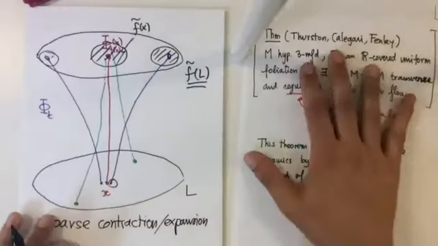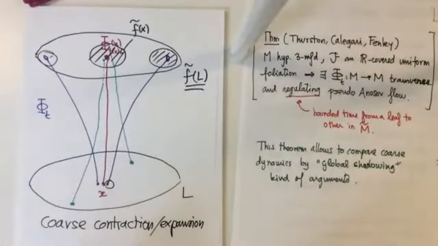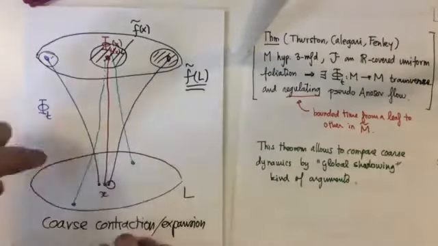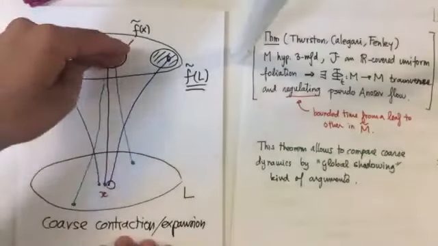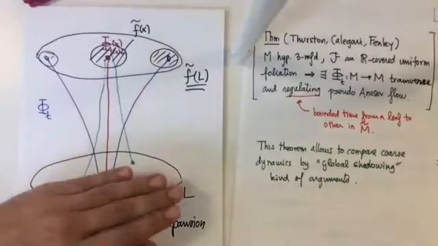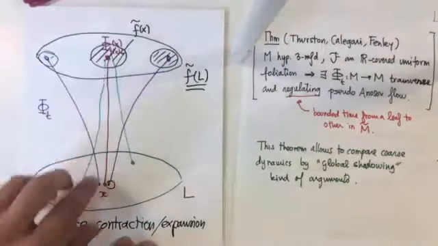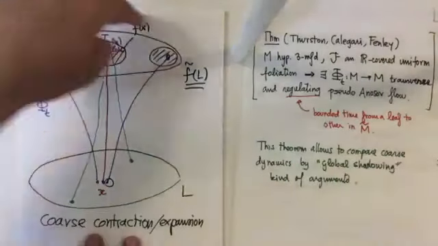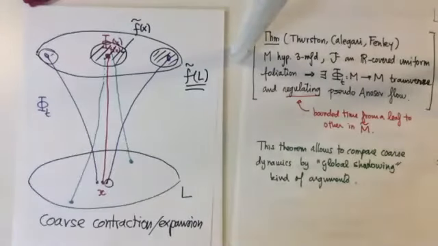And so this becomes a tool, the same kind of tool as the Nielsen-Thurston classification of surfaces. So now instead of having the universal cover of a surface and a map homotopic to a pseudo-Anosov, you have two hyperbolic disks and a map from one to the other, which is close to something which has the behavior of a pseudo-Anosov map.